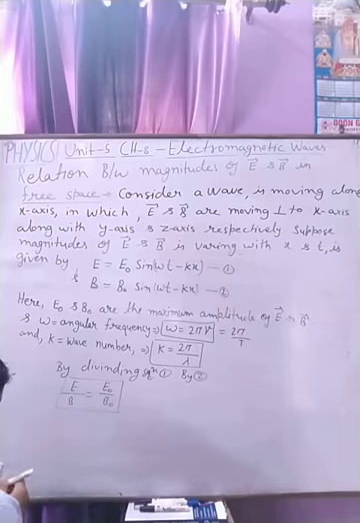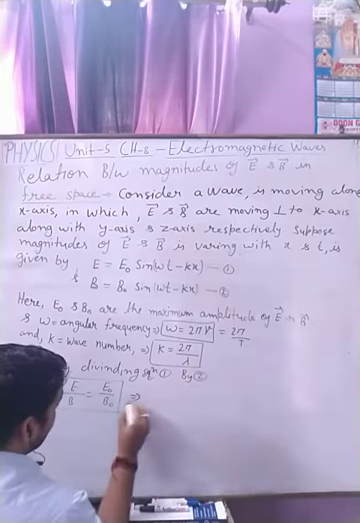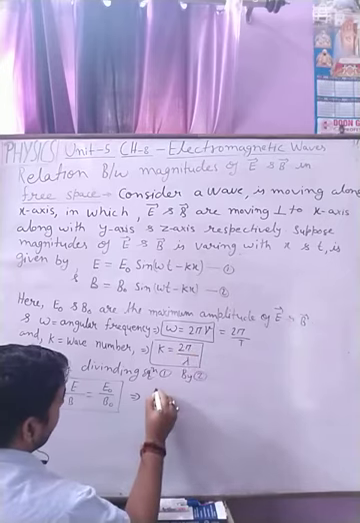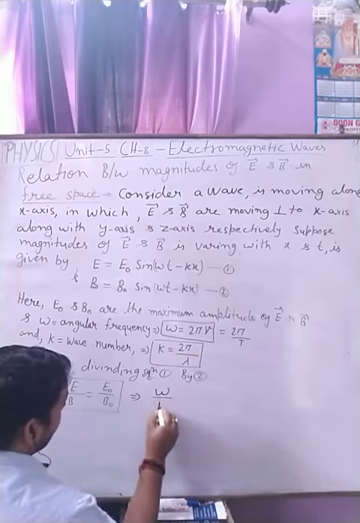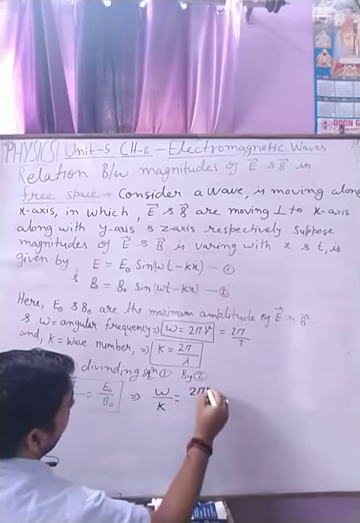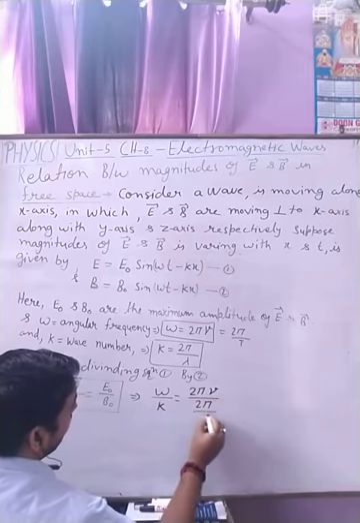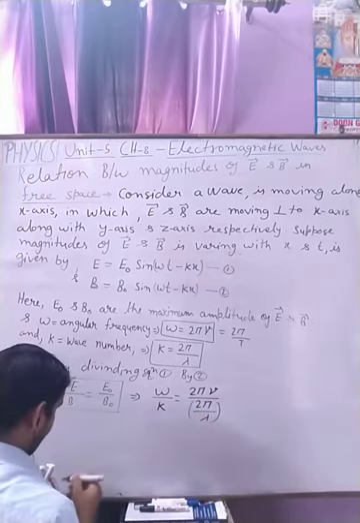Okay, and from here we get omega upon k is equal to 2 pi nu upon 2 pi upon lambda.